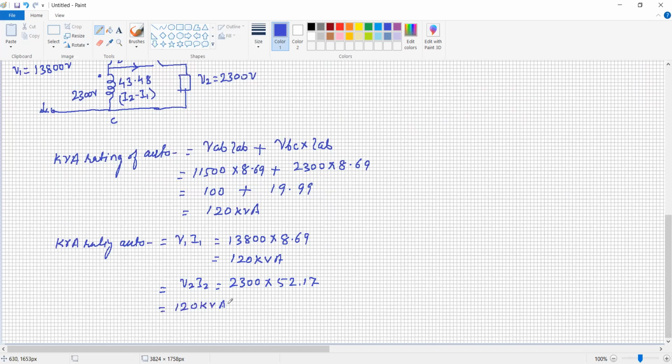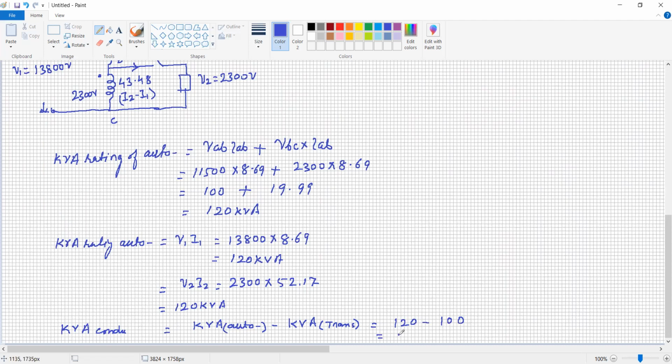So the kVA rating of the auto transformer is more. Now how to find the kVA conduct? kVA conduct is equal to kVA of auto transformer minus kVA capacity of two winding transformer, that is because of transformer action, and it is equal to 120 minus 100.